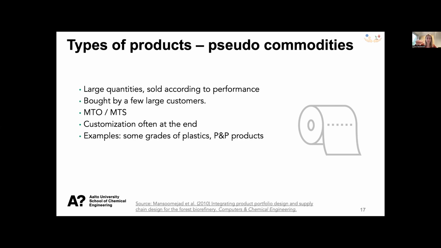So there are different grades of pulp and paper made for those. This can be made to stock and can be made to order, depending on the few large customers that exist. There is some type of customization, often at the end, when I'm finalizing the product. And there are some grades of plastics, other paper, pulp and paper products. P and P is pulp and paper.